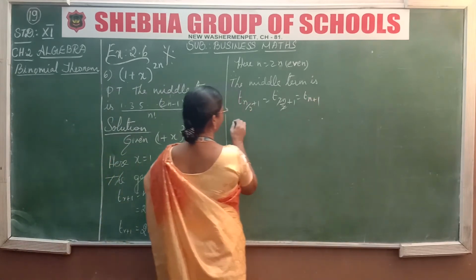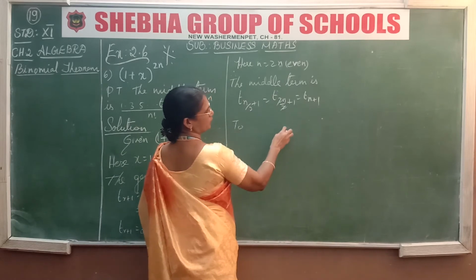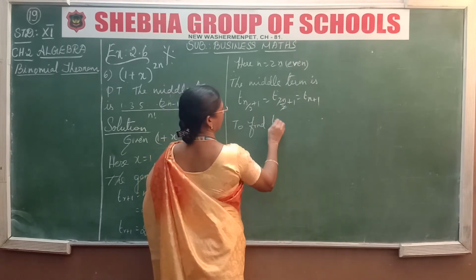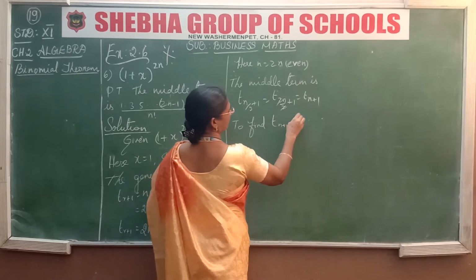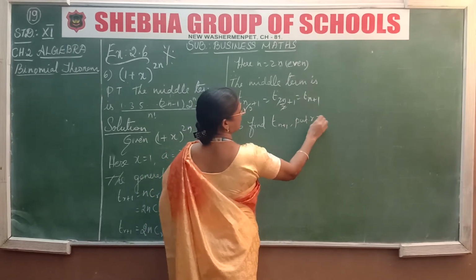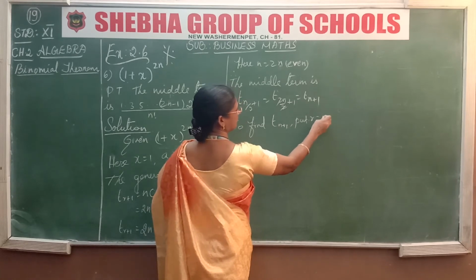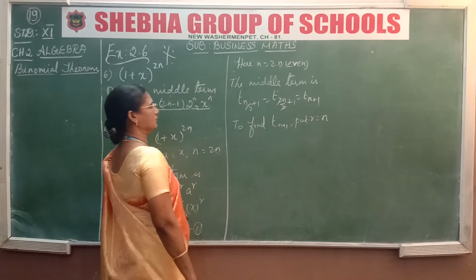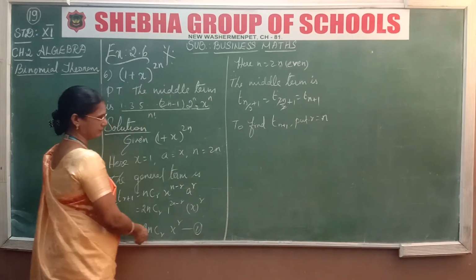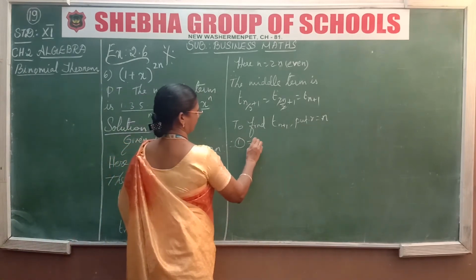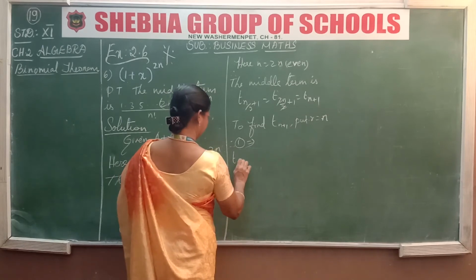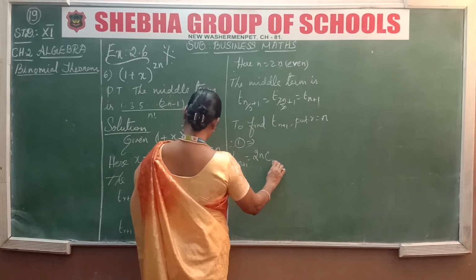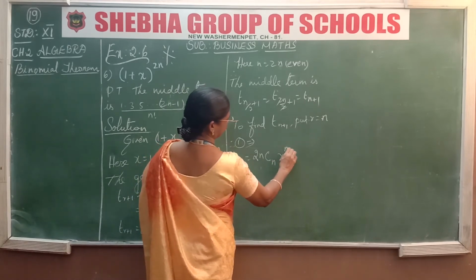So to find T n plus 1, we put r is equal to n, isn't it? To find T n plus 1, put r is equal to n only. Just subtracting 1 from this, we get r is equal to n. So substituting in first equation, our first equation becomes T n plus 1 is equal to 2nCn and x to the power n.